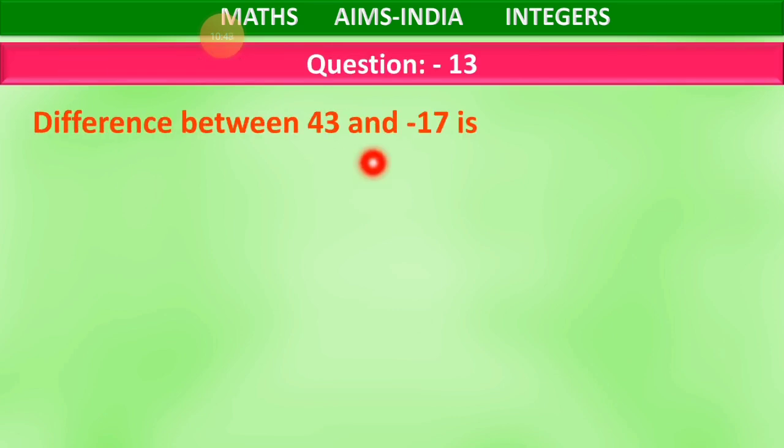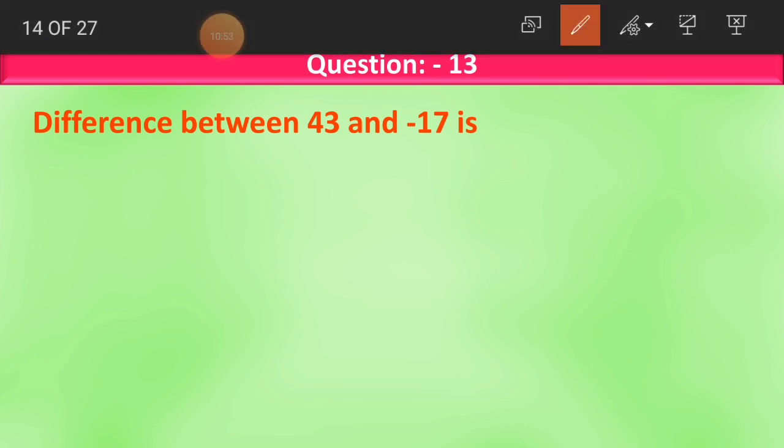Difference between 43 and minus 17 is, again, I'm seeing still a few students are having a little confusion about how to add and subtract integers. The reason why I took such a long class yesterday was that integers are very important. See, how to add, subtract, multiply and divide integers, you should know it perfectly. They form the base for solving many complex problems in your higher studies.